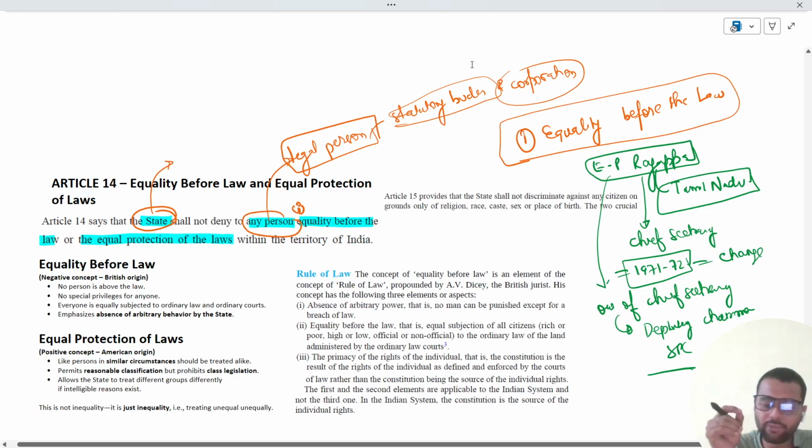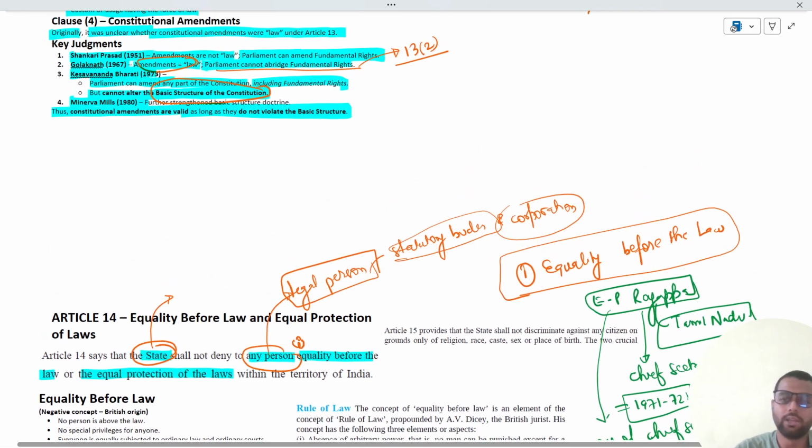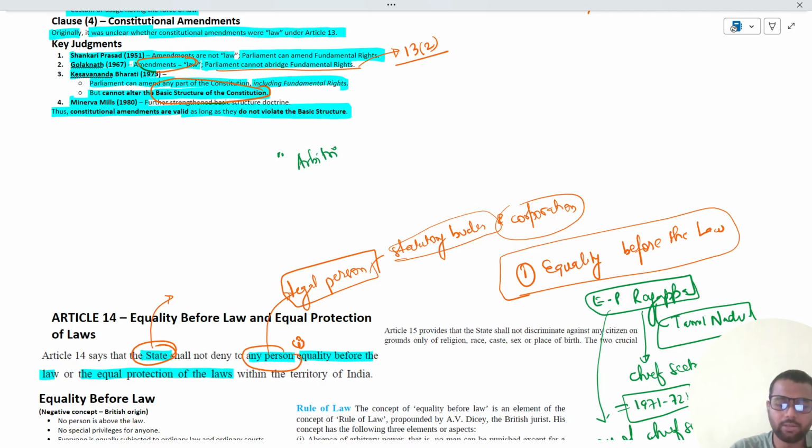The year was 1974, and what the Supreme Court observed is remarkable for the interpretation of Article 14, that is, equality before the law. The Supreme Court stated, and I quote, that arbitrariness is the antithesis of equality.